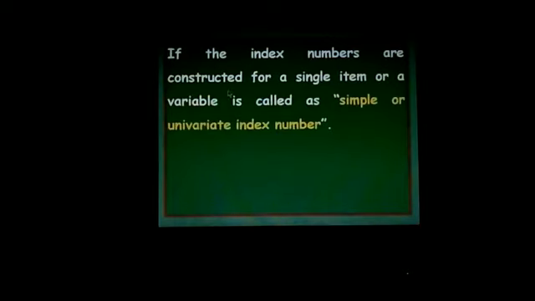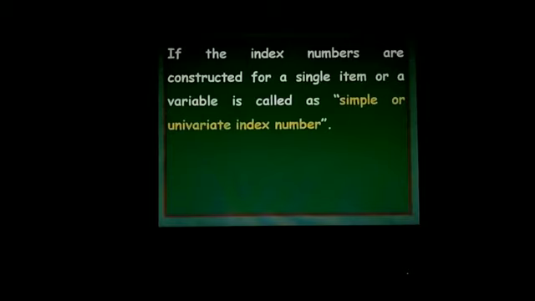If the index numbers are constructed for a single item or a single variable, it is called a simple or univariate index number. What are the types of index number we have come across in the previous slide? They are simple index number and composite index number.